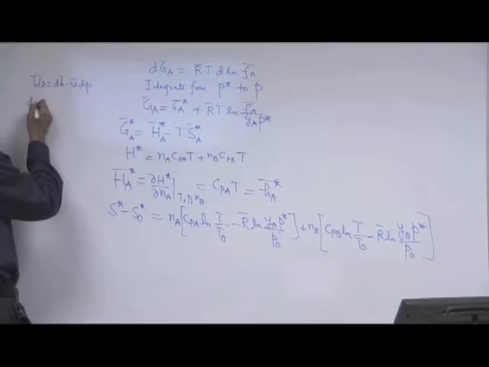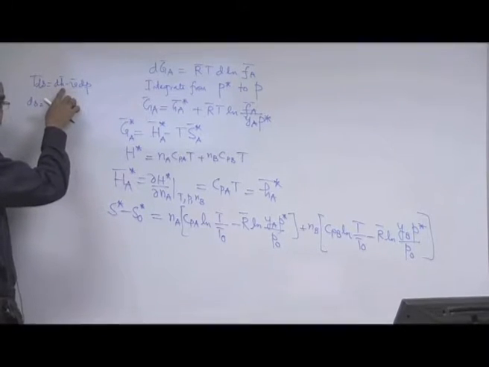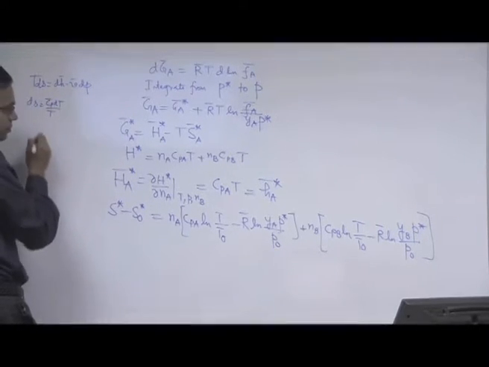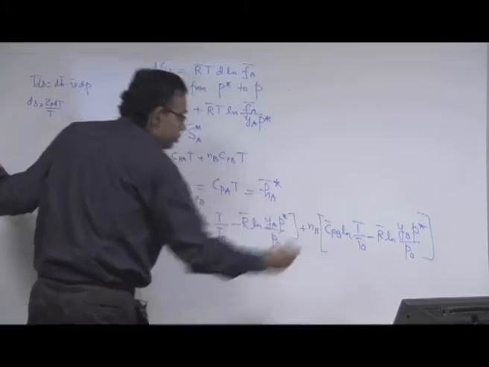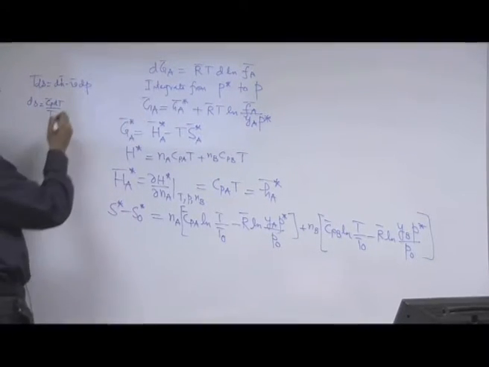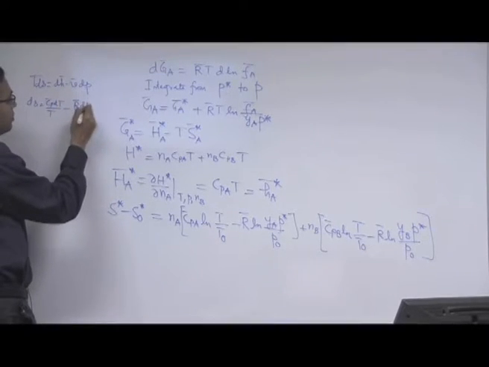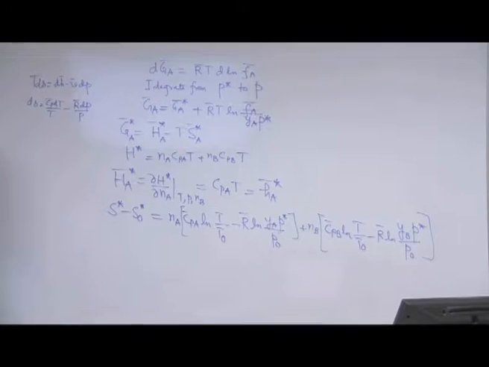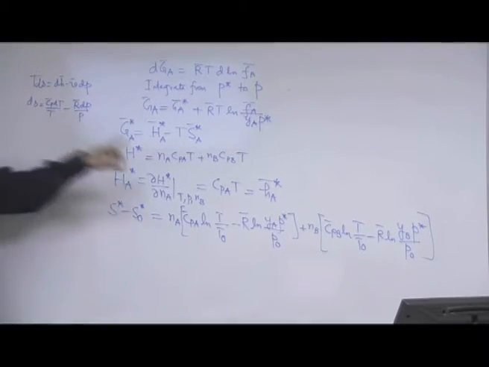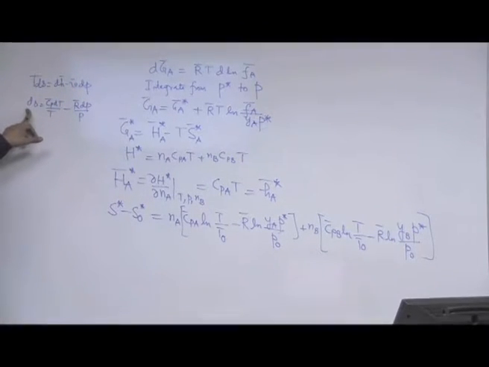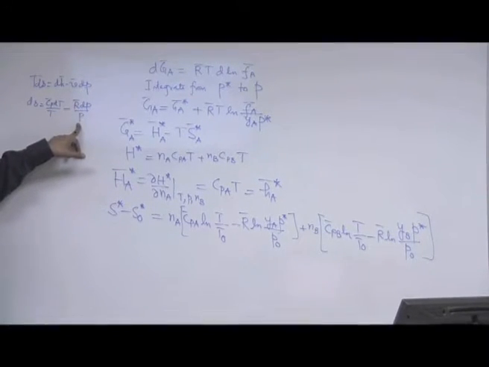So dS for an ideal gas, dH is Cp dT, so Cp dT by T, these are molar Cp's, so there should be a bar at the top of Cp, minus, in place of V, RT by P, so R dP by P. This is for a pure component, but you will understand this by analogy. So if you integrate this, you can write this as Cp ln T2 by T1 minus R ln P2 by P1. Can you write it always?